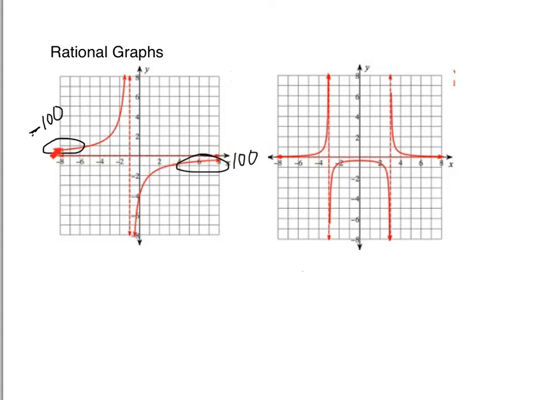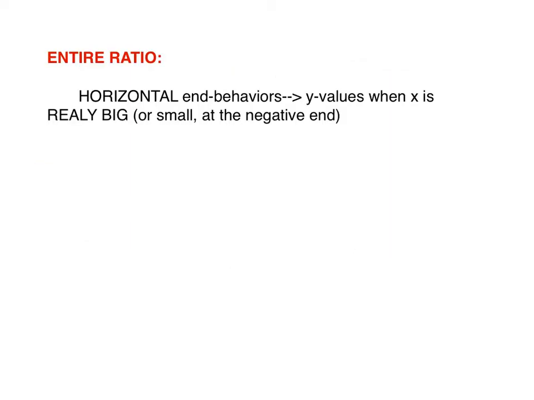It'll approach the same y value, but from different sides of the y value. So in summary, when we're trying to find our horizontal end behaviors, we are going to evaluate the function with really big x values.